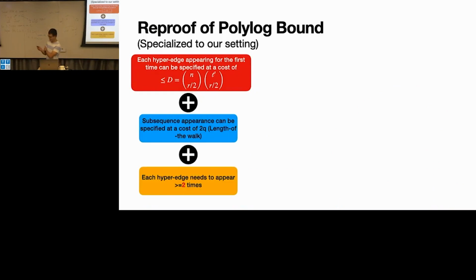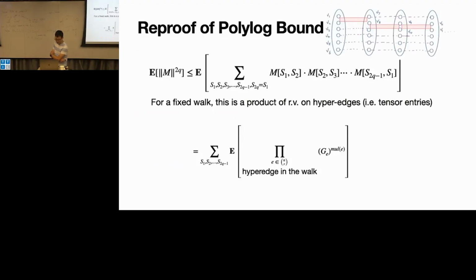Here's another assumption we are using: that we are working with random variables of mean 0. So we can actually only focus on walks that use every hyperedge at least twice, or exactly twice even. Let me be precise. For any fixed walk, this is giving a product of random variables on hyperedges.